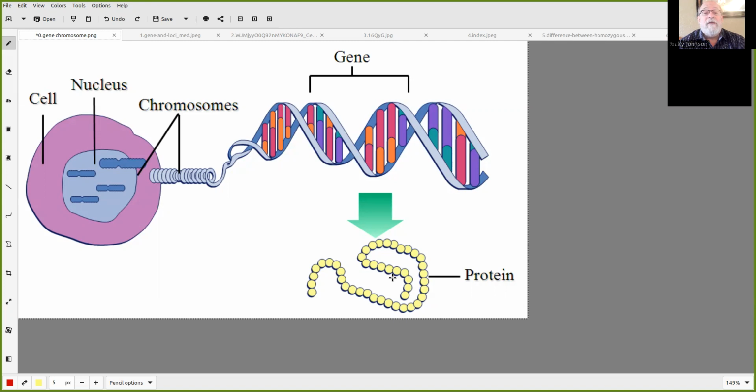But someone by the name of Gregor Mendel figured out that there must be something inside organisms that is transmitted from one generation to the other. Now, what he didn't realize was that what was being transmitted from one generation to the other was the DNA.